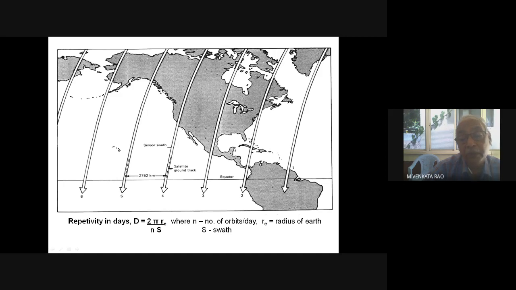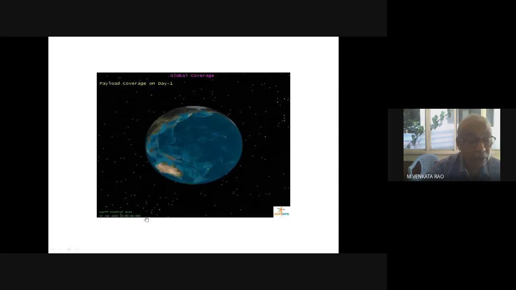The width of each image we call the swath. You take the width of this image, and divide this distance by the swath, that approximately gives the number of days. So, repetitivity in days is equal to 2 pi Re by n into s, where n is the number of orbits per day, S is the swath, and Re is the radius of the earth. I'll just show you one.